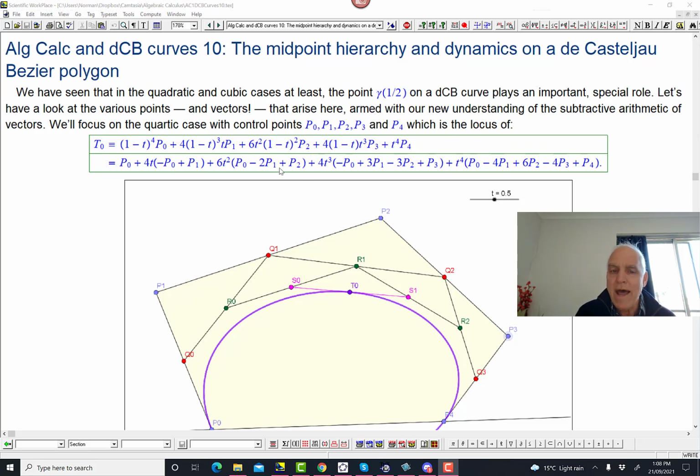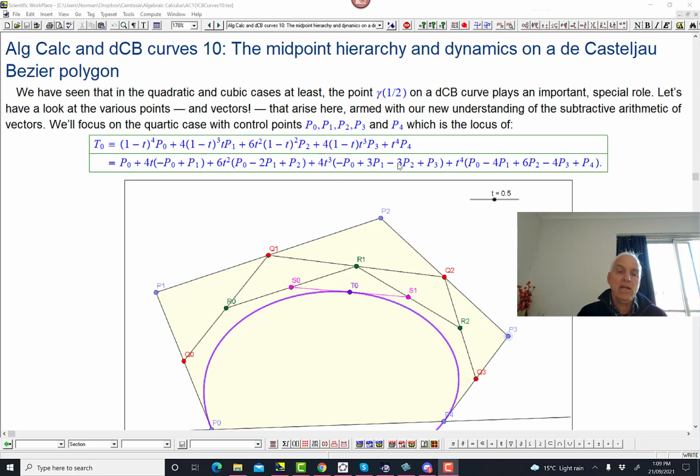And we know now that we can interpret these as vectors because the sum of the coefficients is 0 for this one here, this one here, this one here, and this one here. Not the first one. The first one is a point, right? So we have a point plus a vector plus a vector plus a vector plus a vector with the multiples depending on t. So we see here both affine combinations of points in that first line and a combination of points and vectors in the second line.